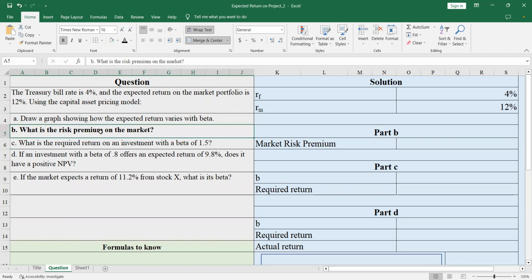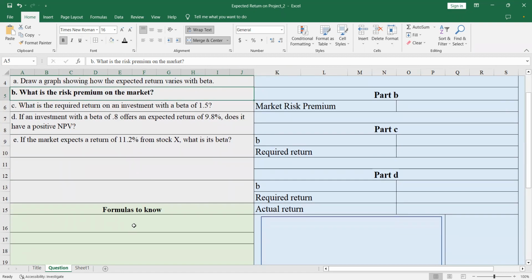The first thing you need to know is the formula for market risk premium. CAPM, which we have already seen in the last video, says the expected return is equal to the risk-free rate plus beta times the market return minus the risk-free rate.